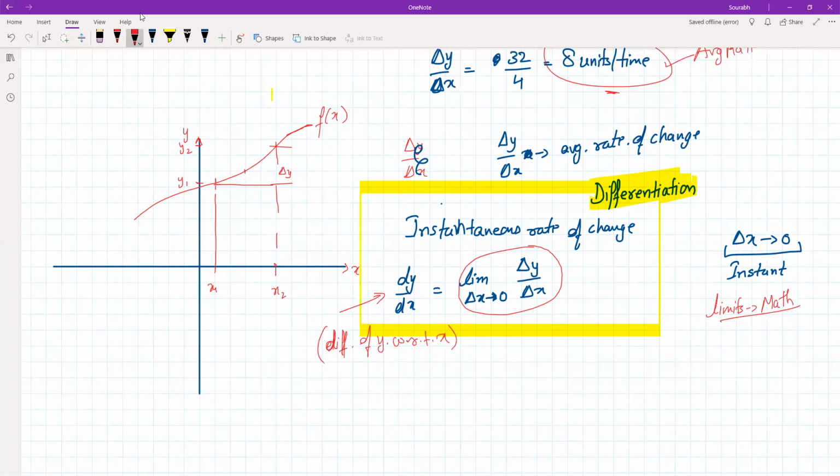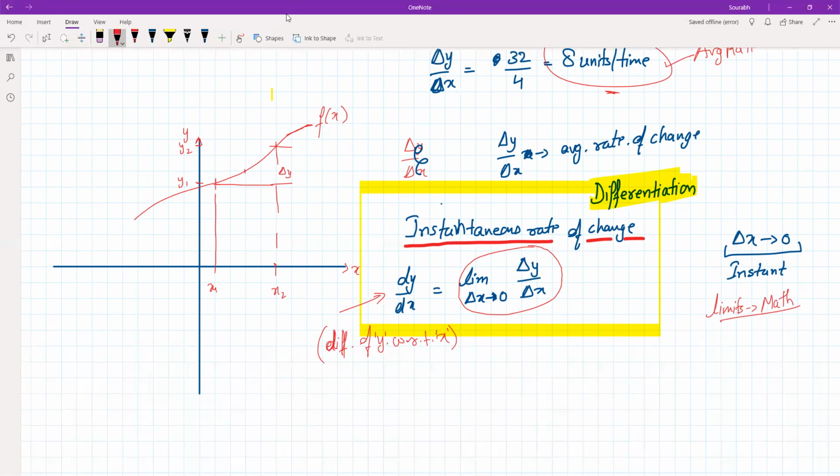So y is being differentiated with respect to x. That actually means we are finding the rate of change of y with respect to x. So that is the purpose of differentiation. The first purpose of differentiation is to find instantaneous rate of change, and that's what we are going to find here.